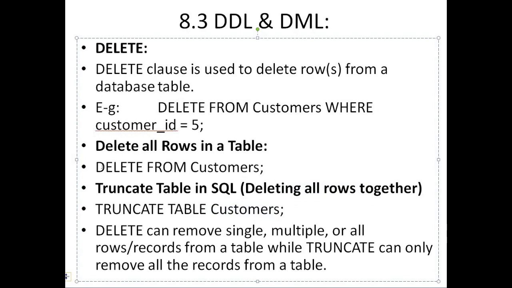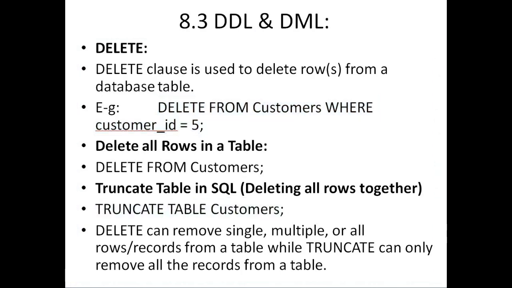Whereas if you're using the delete command, then you have an option whether you want to delete a certain row only, or multiple rows, whichever meets the criteria, or all rows. You have 3 options, whereas in case of truncate there's just one option: delete everything, start from scratch again.